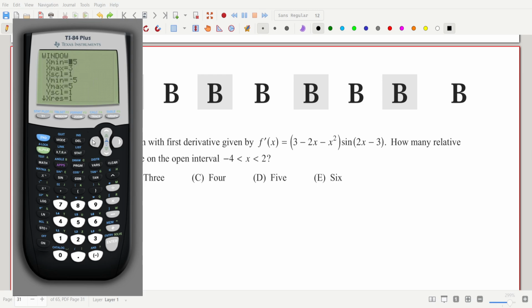Oh, although I should be careful with my window. One second. Negative 4 to 2. That first one was a lie. That was bad of me. I almost got caught by that. So 1, 2, 3, 4. It could be 6 now, right? Okay, I need to zoom in around this point just to check.